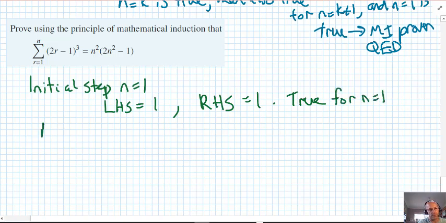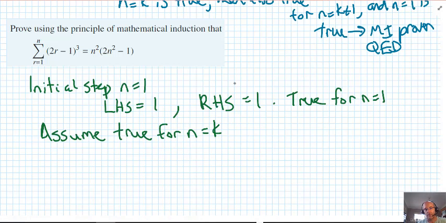Okay, so we assume for some value of k, assume true for n equals k. And that would yield the sum from r equals 1 to k of (2r take 1) cubed.